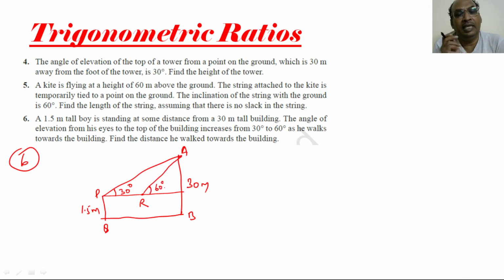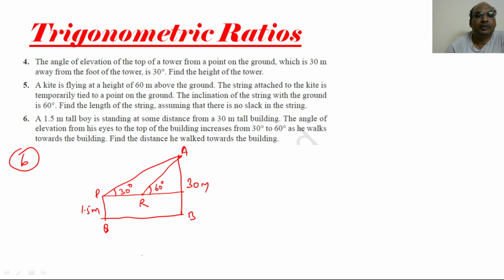Find the distance he walked towards the building. So we need to find the distance he walked towards the building. So we need to find PR actually. Okay, we will be finding PR.